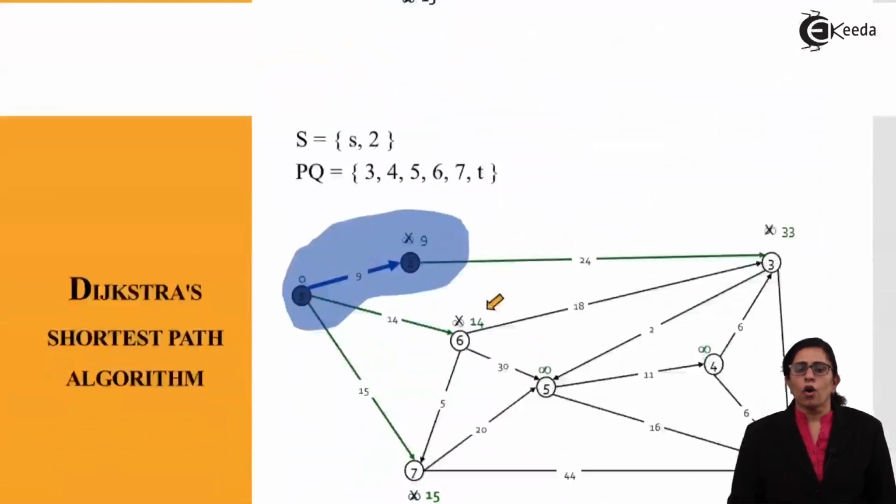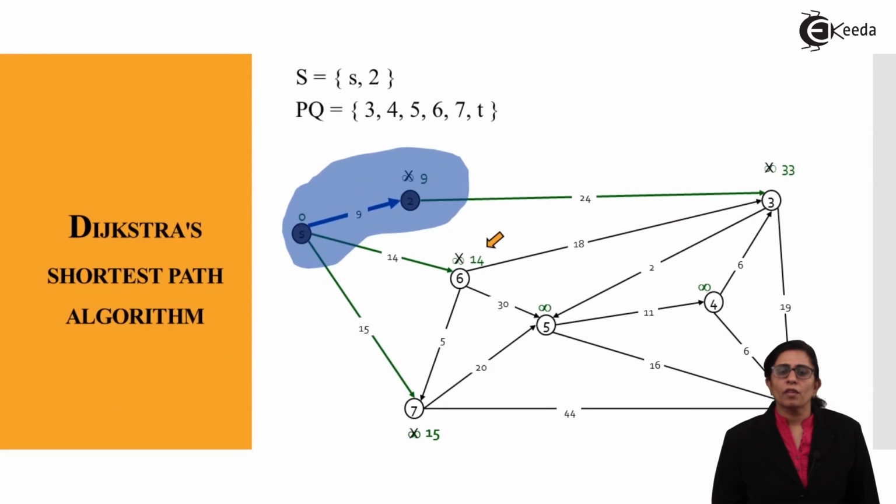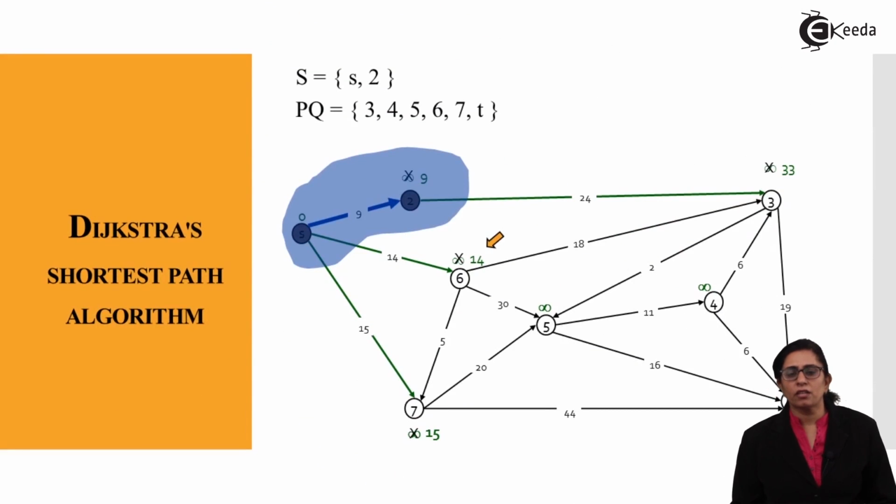Now, I have 3 nodes with values 33, 14 and 15. From 33, 14 and 15, I again take the shortest path. So the value 14 is considered. Now from 14, where all can I travel?